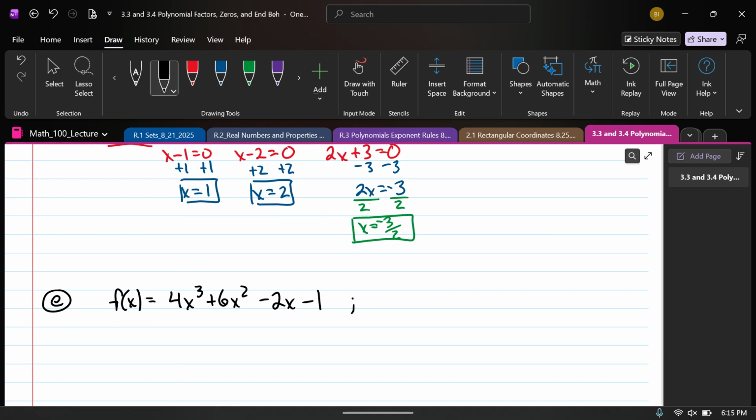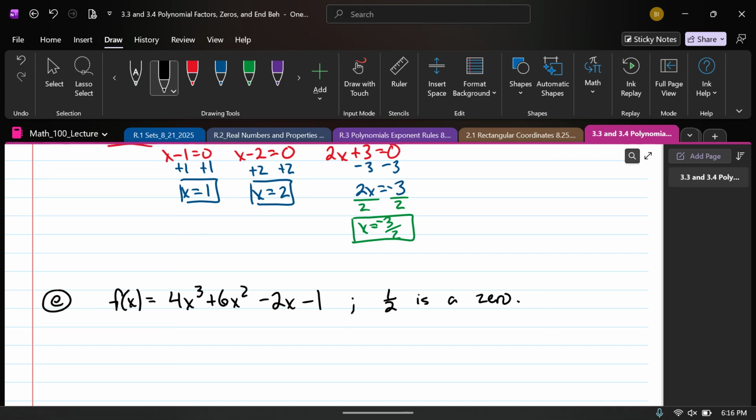And 1/2 is a 0. So they gave us a fraction as one of the zeros.